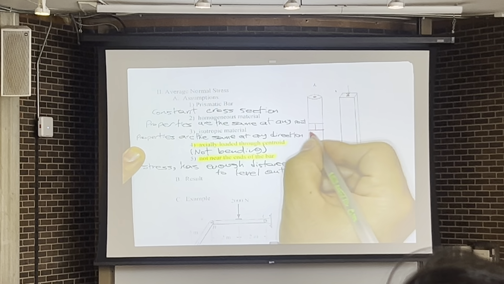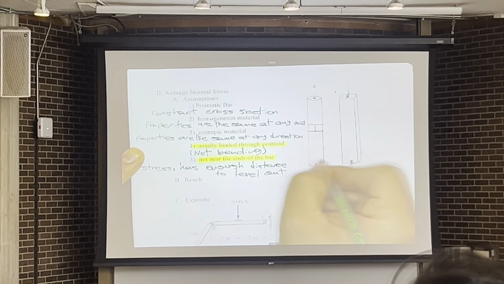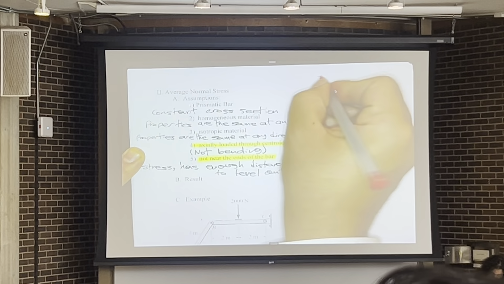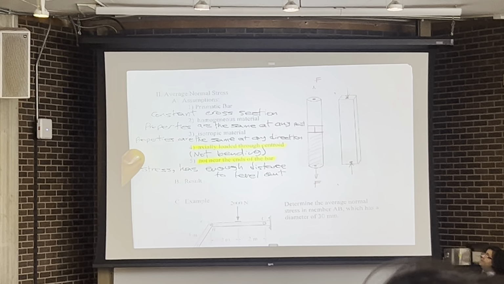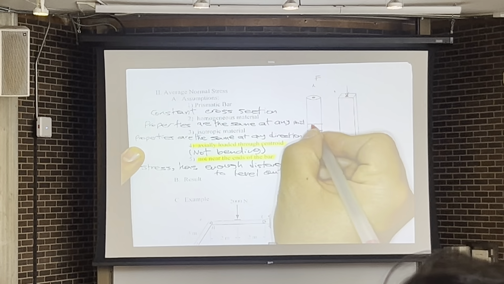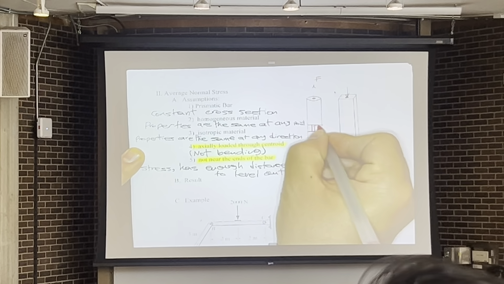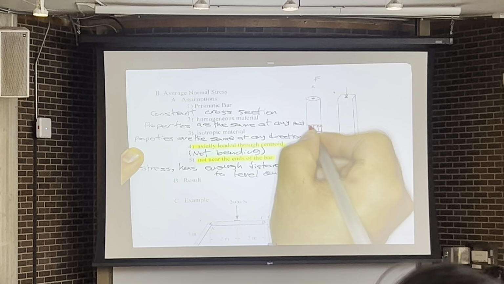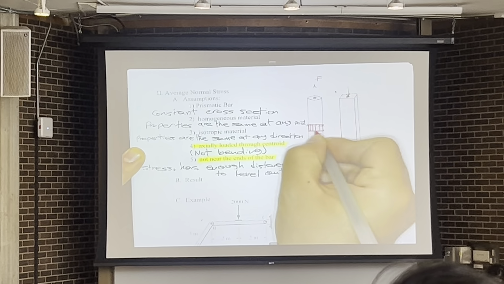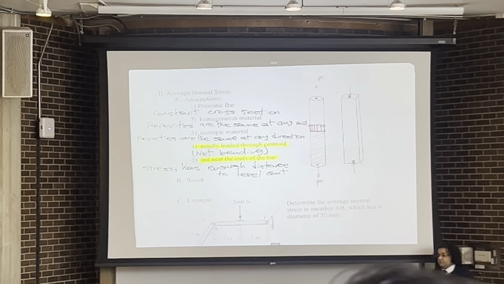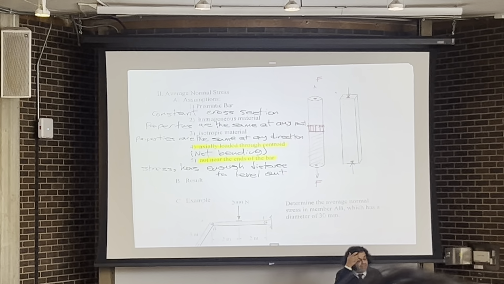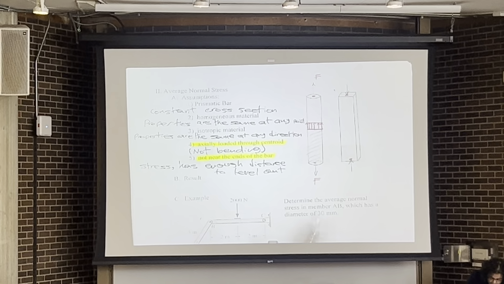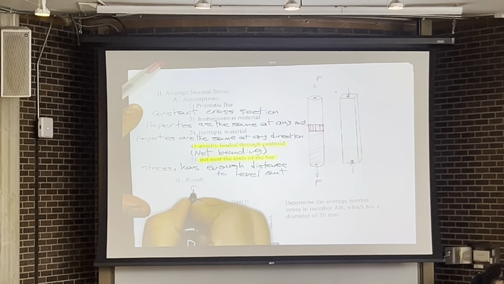For example, if I make a cut over here and look at the bottom part, I'm going to have a force F that is applied to this member, that is applied at the centroid, and the stresses are distributed uniformly. The intensity of stress is going to be the same across the cross section and at every point on that cross section.